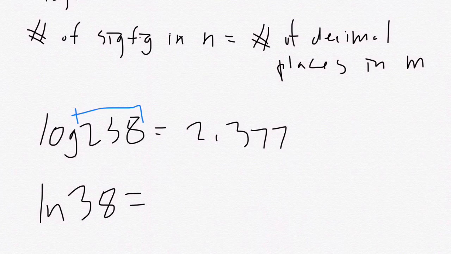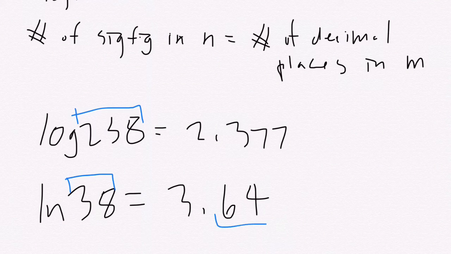If we get ln of 38, the answer is equal to 3.637. Since 38 has 2 sig figs, our answer should have 2 decimal places. So we write 3.64, because it's actually 3.637, but we round up to have the 2 decimal places.